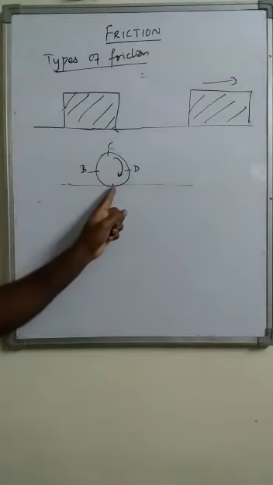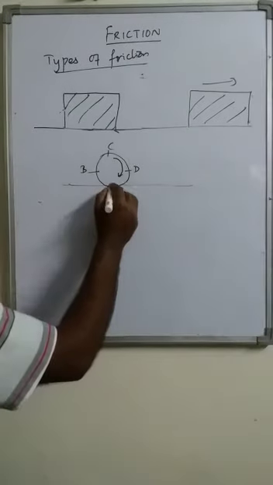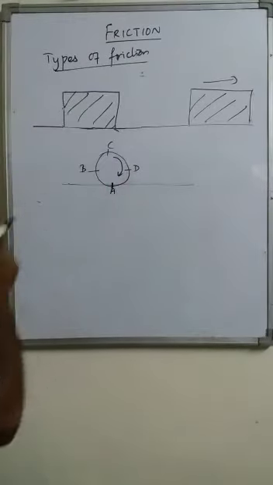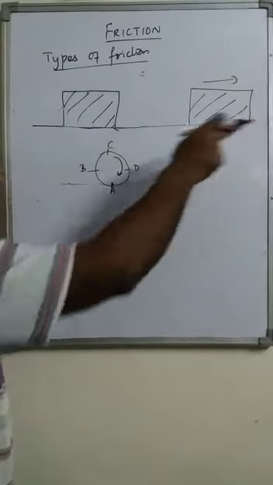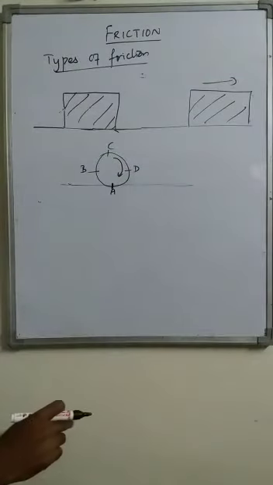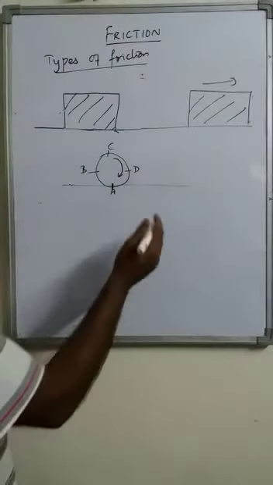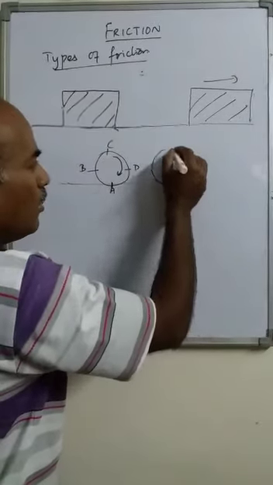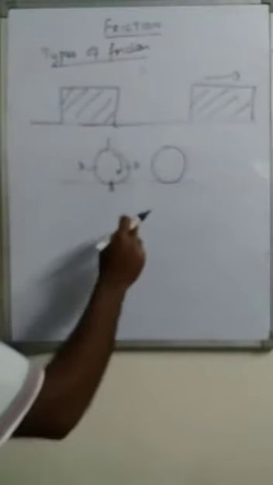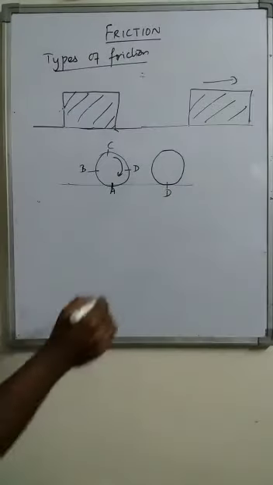Now the point A of the ball is in contact with the surface at this point. If it rolls, it rotates and also moves in a straight line. After some time, the point D of the ball will come in contact.